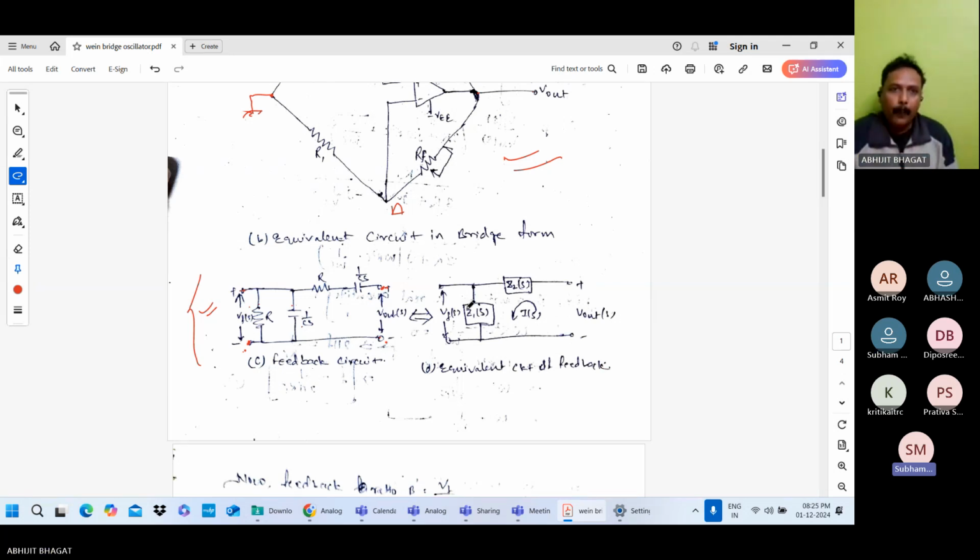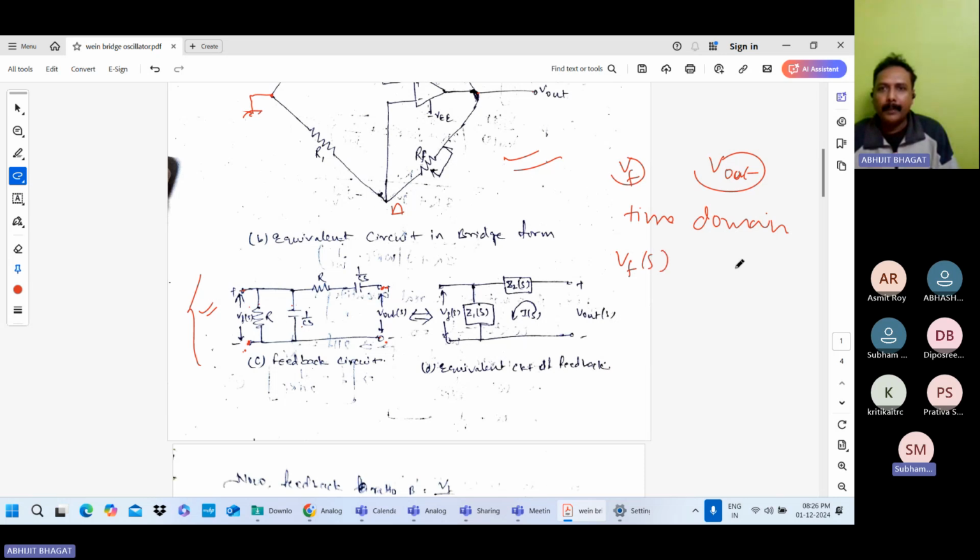Next, look. Above, VF was used, here it is VF of S. So above, the feedback voltage and output voltage are V out and V0. This voltage VF and V out are in the time domain. And here VF of S and V out of S are in the frequency domain.